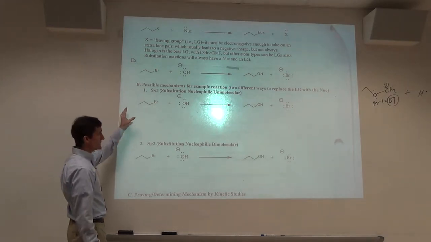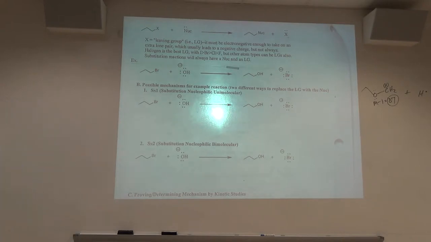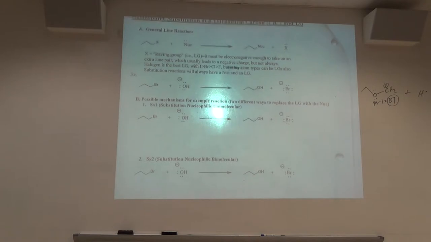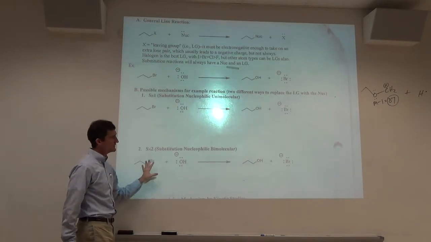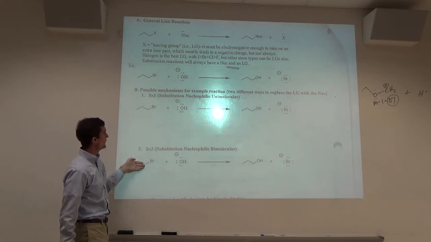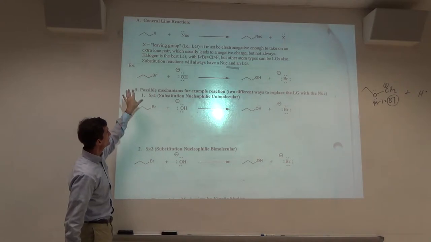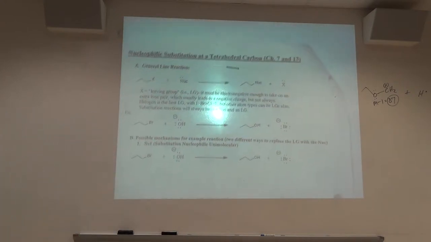Why is it the mechanism, and why is the other one not the mechanism? Now, the one that is not the mechanism here, we will use that mechanism later. Both of these will be used, but only one applies to this example reaction. So let's look at it.